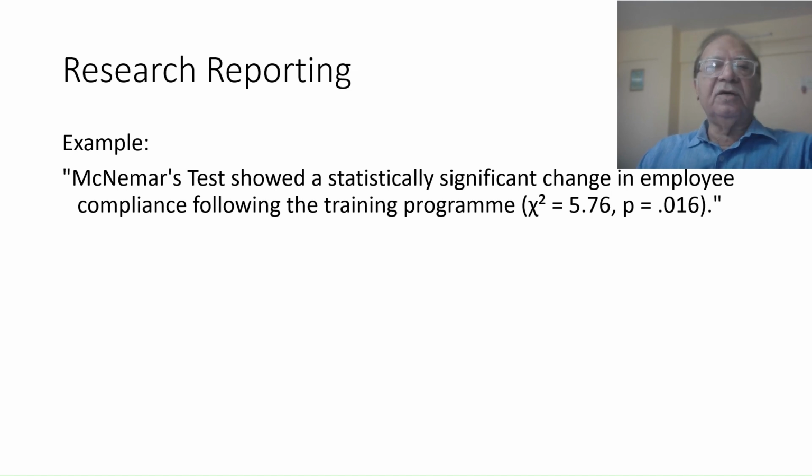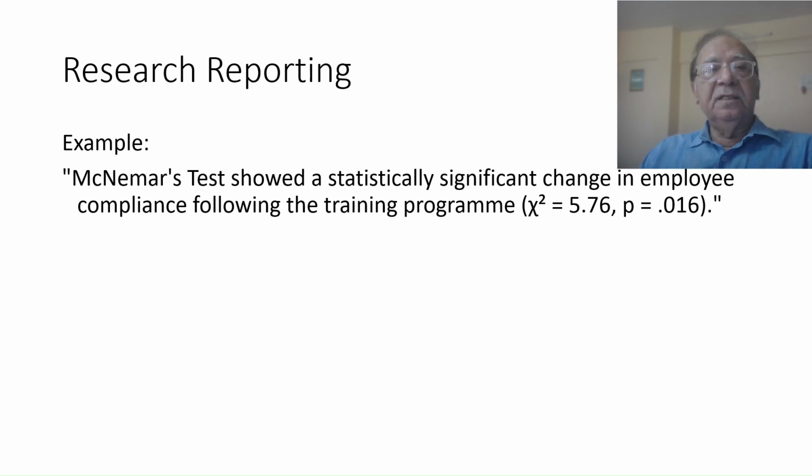One characteristic of good researchers is that they report statistical results in a standard format. For example, McNemar's test indicated a statistically significant change in employee compliance following the training program, chi-square equals 5.76 and p equals 0.016.